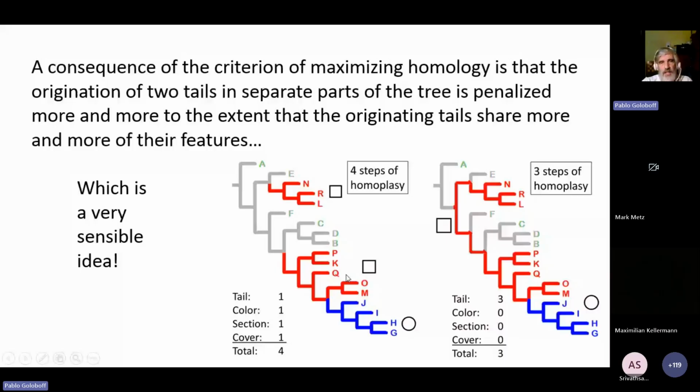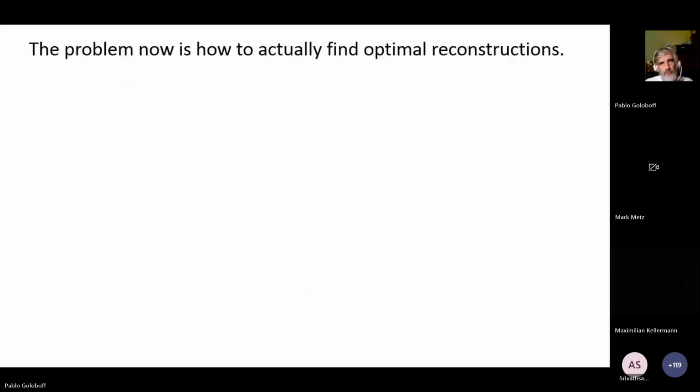If the characters are really independent, you would expect that truly different independent originations of the tail would reappear with different combinations of character states in the secondary character. So if they are all the same, the stronger the grounds for considering those tails as homologs, which this criterion takes into account.